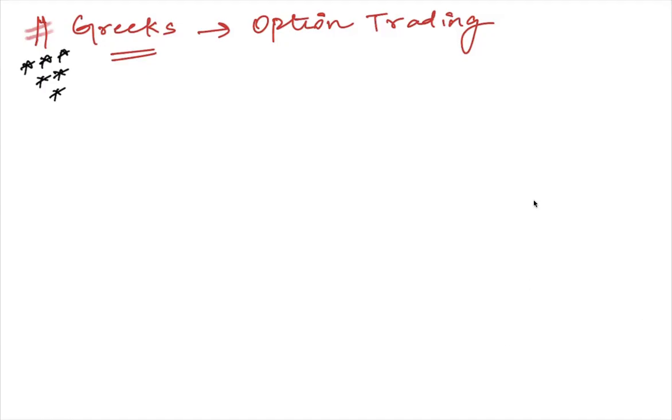Greeks are risk measures which are used in options to understand the sensitivity of the option price to various factors. So, what are Greeks?